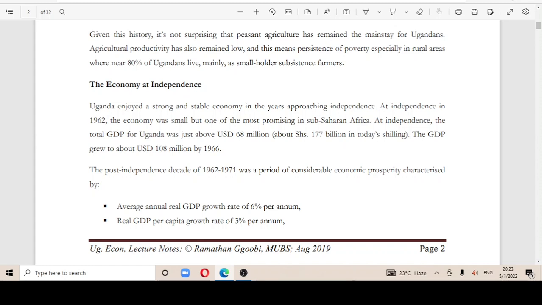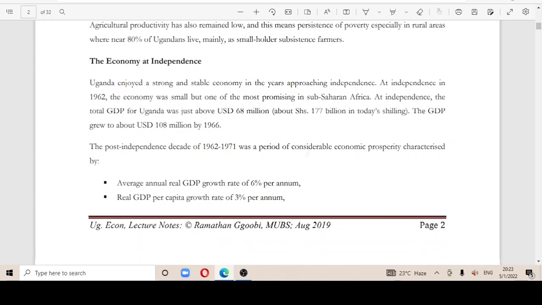So they call that the post-independence period, between 1962 and 1971. It is that period after independence and before Idi Amin, who put the economy at a cost, as we are going to see.